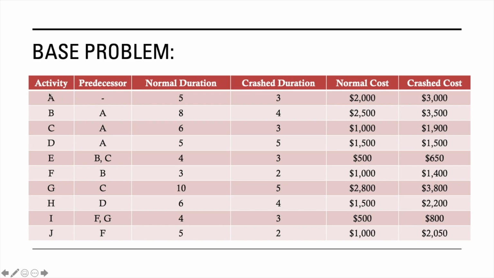So again, using activity A as an example, if you do activity A for 5 days, then it will cost you $2,000. However, if you bring down activity A's duration to 3 days, then it will cost you $3,000. Okay.